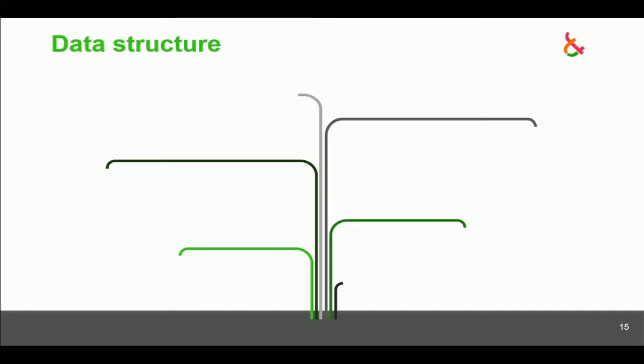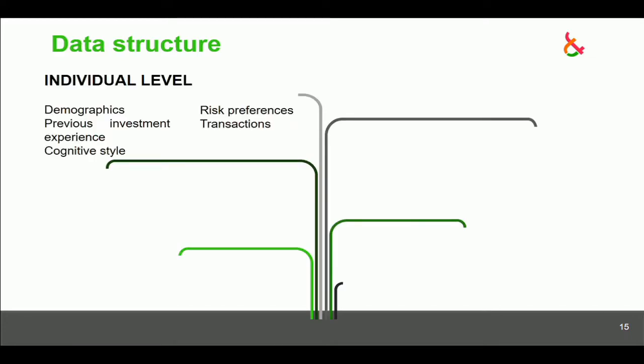And here I would like to go to data collection and start from that data structure. The data will be collected at the individual level, company level, context level, and transactional data as well. At the individual level, we are going to use some questionnaires.